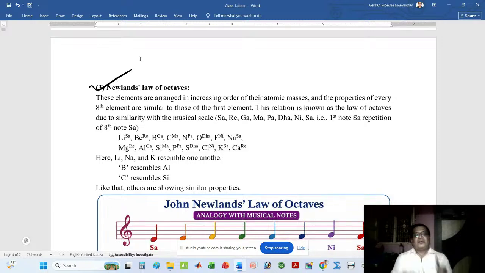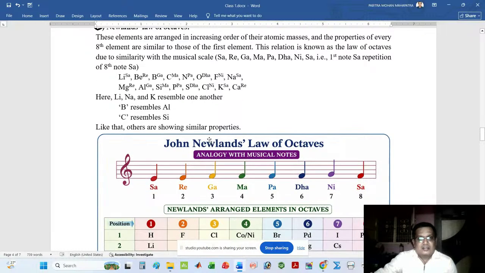All know the notes: sa, re, ga, ma, pa, dha, ni, sa. Actually, there are seven notes. The last sa just comes to make it complete. The eighth note is automatically attached.